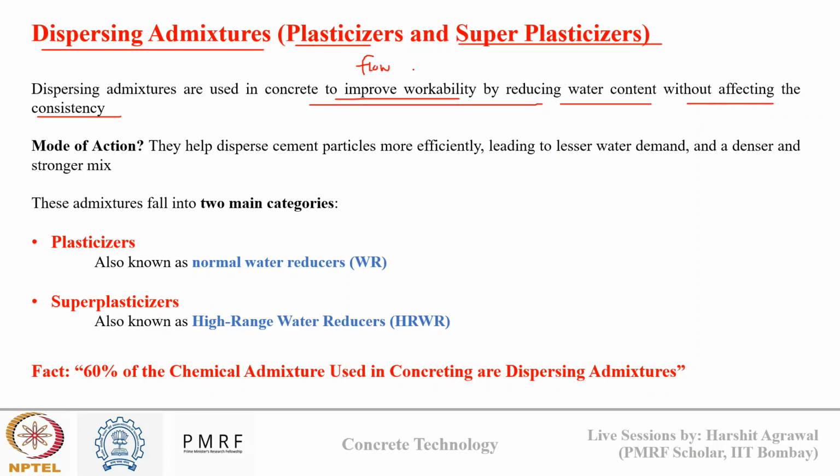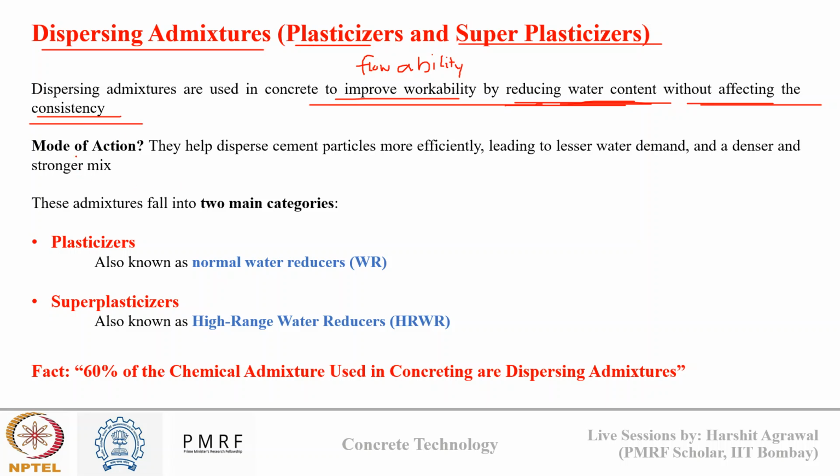We know the more the water, the better the workability. But if I increase water, I will compromise on strength. So these admixtures help us improve the workability by reducing the water content, without affecting the consistency of my concrete.